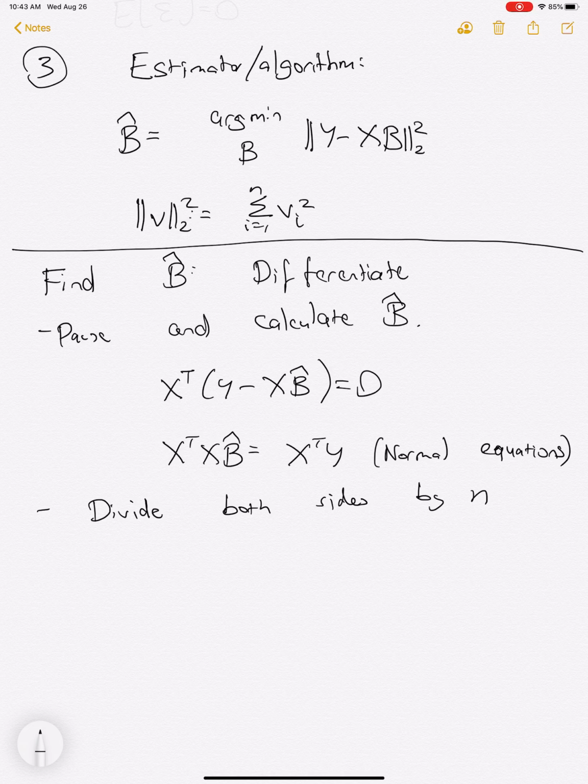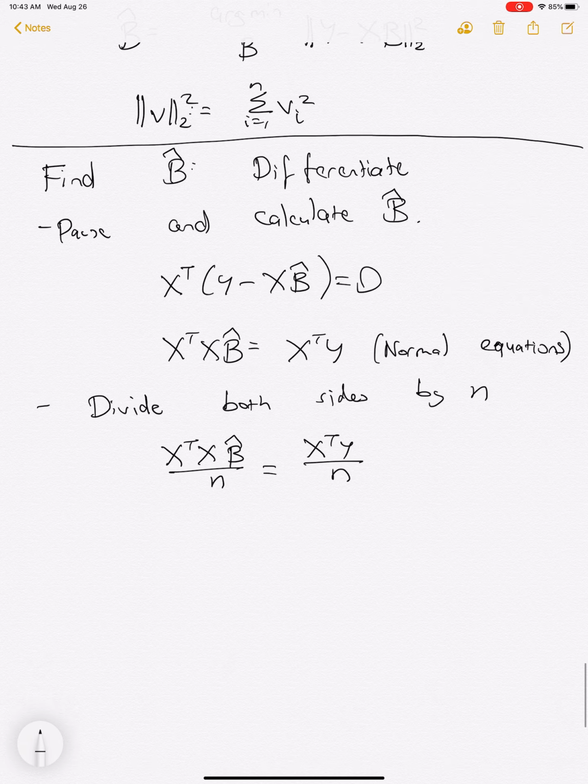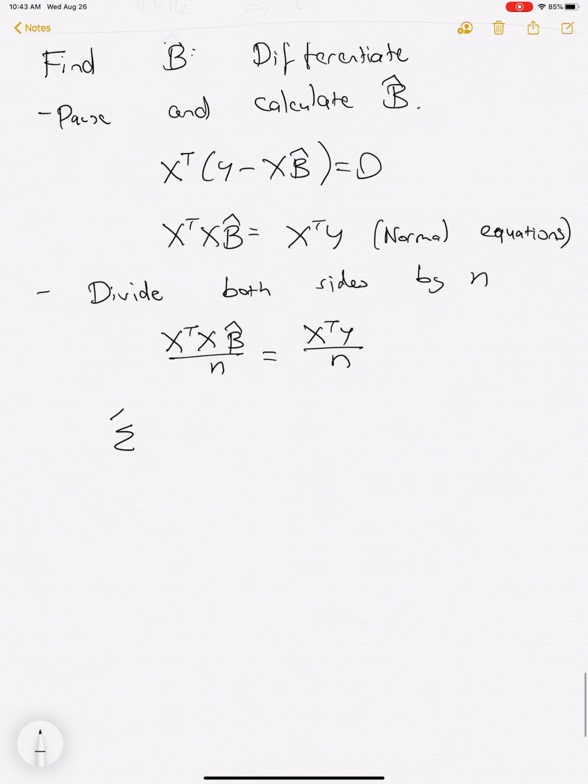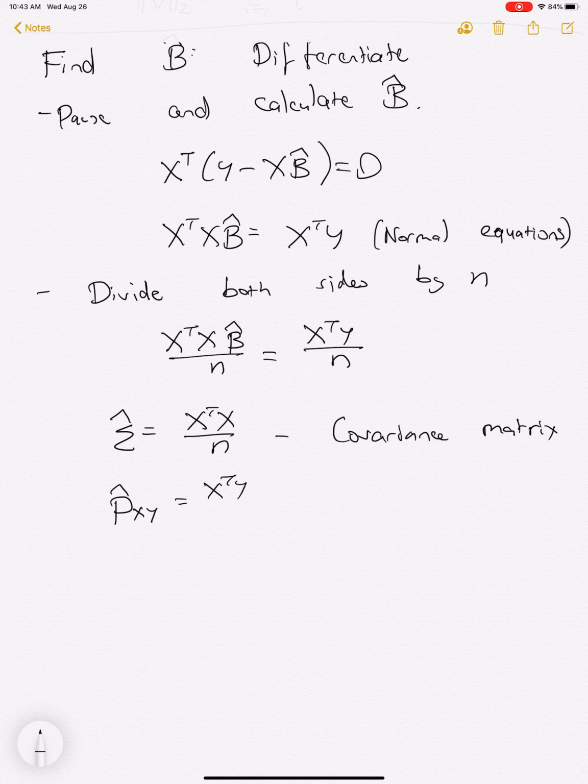Okay, so another way to interpret this is that if we divide both sides by n, and you'll see why we do this shortly, we actually have a really nice interpretation of what these normal equations are.